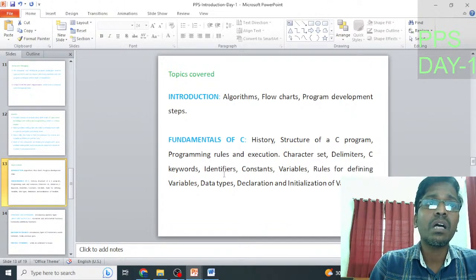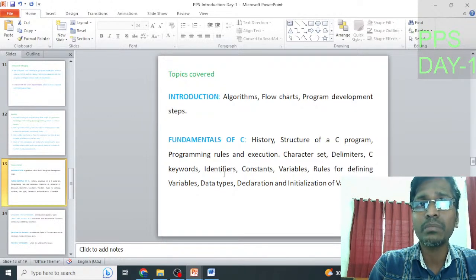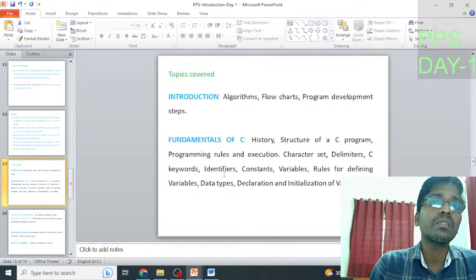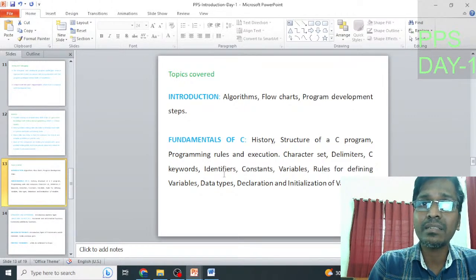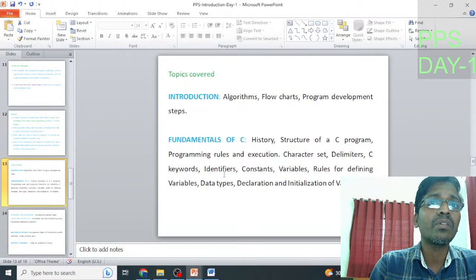And after that I want to discuss some fundamentals of C programming, like the history of C programming, what the structure of a C program is, what the rules are for writing a program, and how we are going to execute that program. After that, I want to discuss character sets: what is a character set, what are delimiters, and what are keywords.